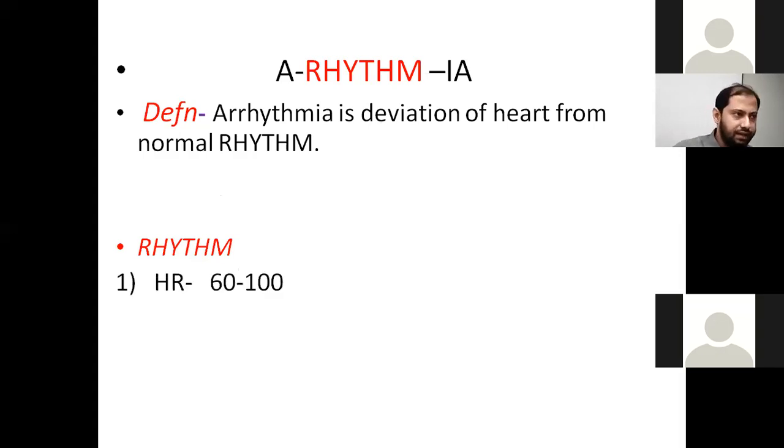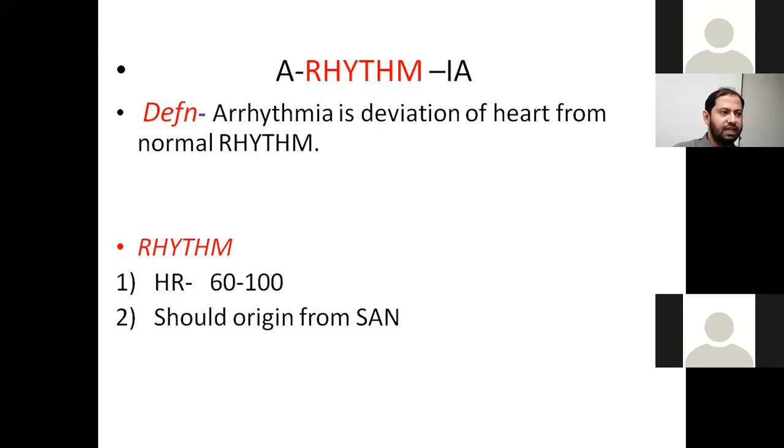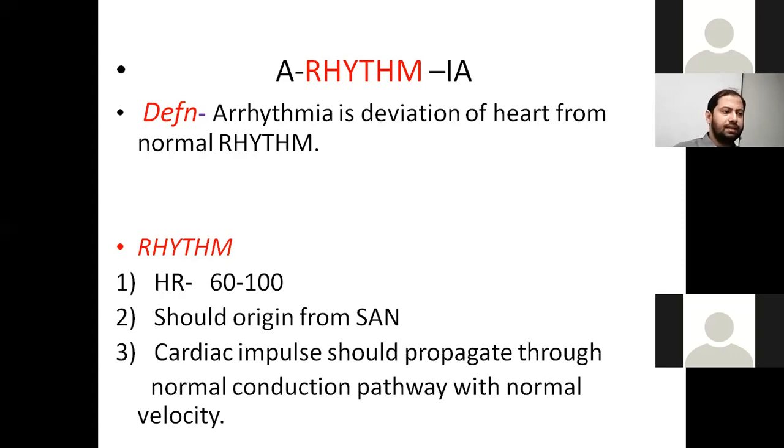The heart rate of the normal rhythm should be between 60 to 100 beats per minute, and it should originate from the SA node, as well as the cardiac impulse should propagate through the normal conduction pathway with normal velocity. So these are the normal characteristic features of the normal rhythm.